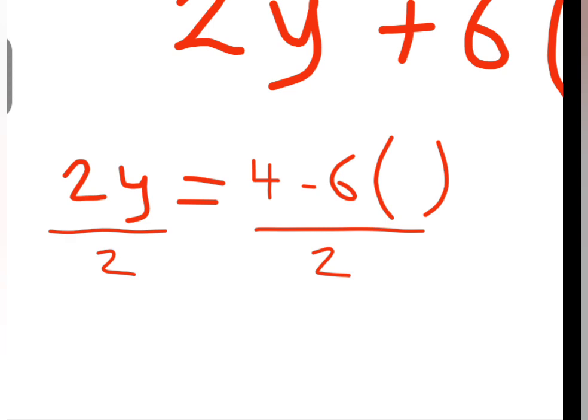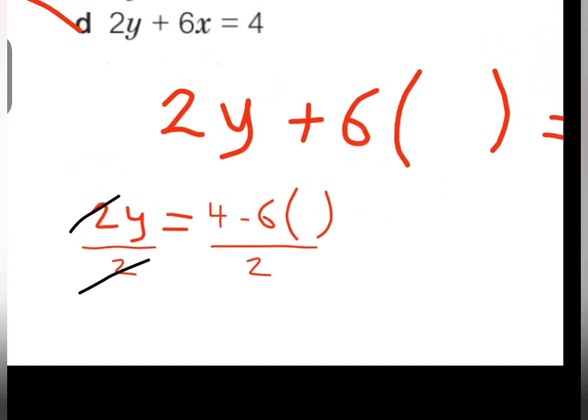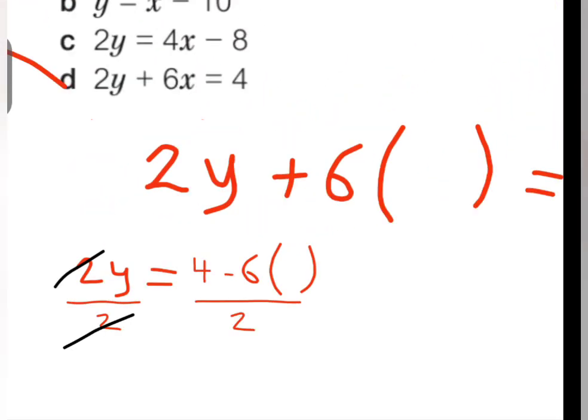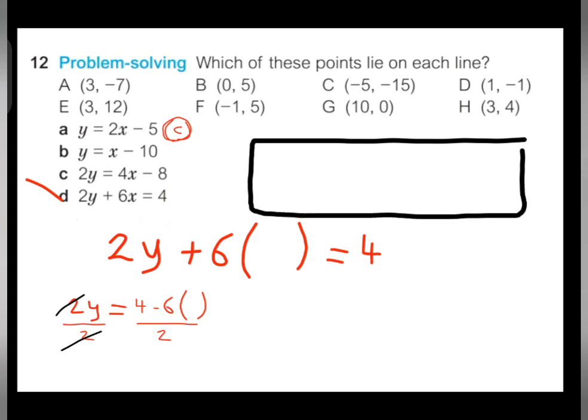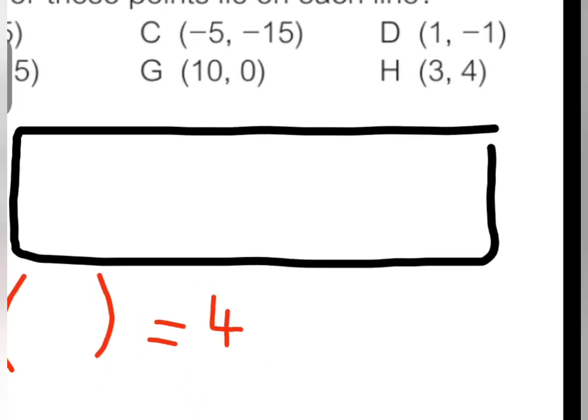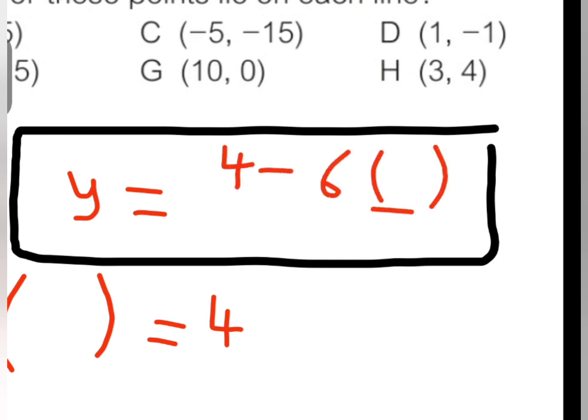So 2 goes with the 2 here as a simplifying method. And then we have an equation. The equation is what? Y equals 4 minus 6x divide 2. So y equals 4 minus 6x in the bracket, divide by 2.